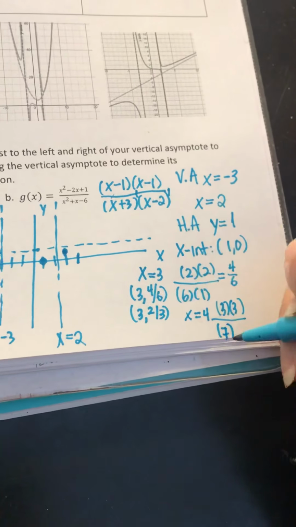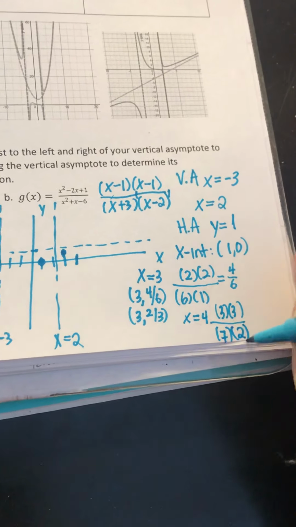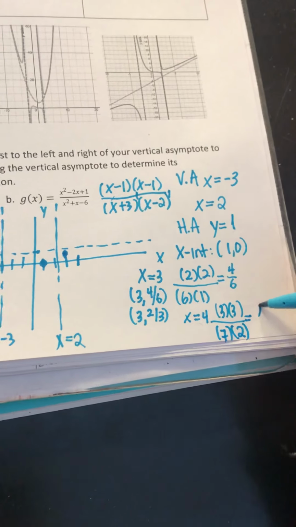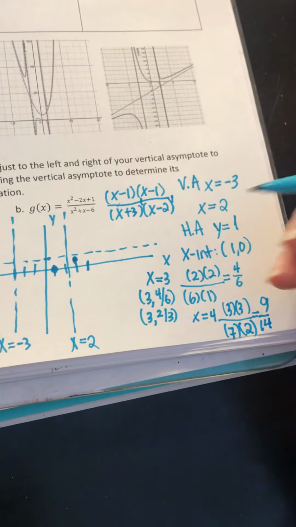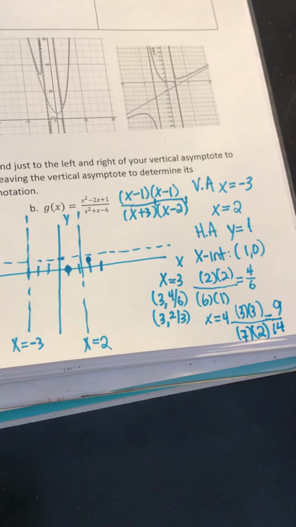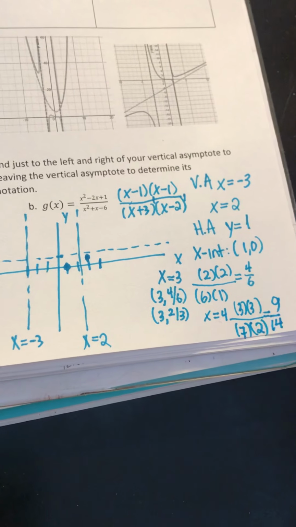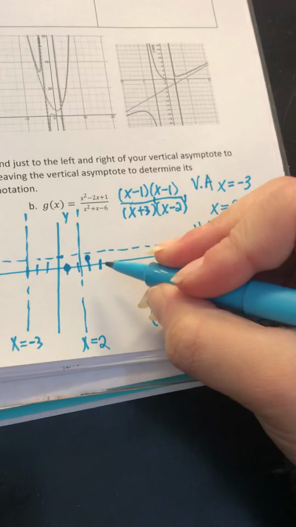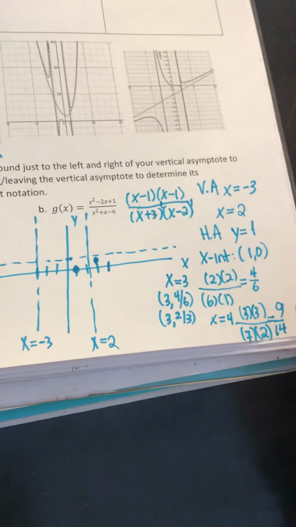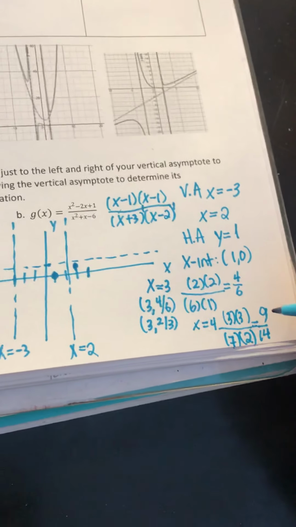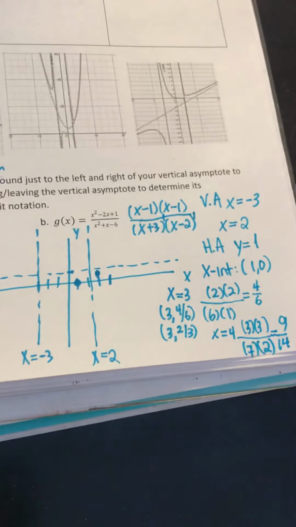And 4 minus 2 is 2, right? So that's 9 over 14. 9/14. That's going to be smaller than 2/3. Let me double check that.